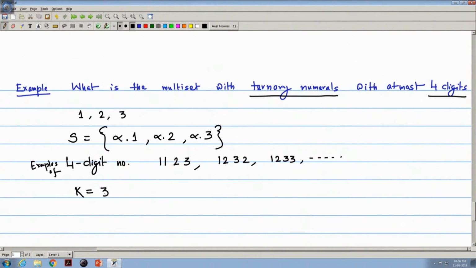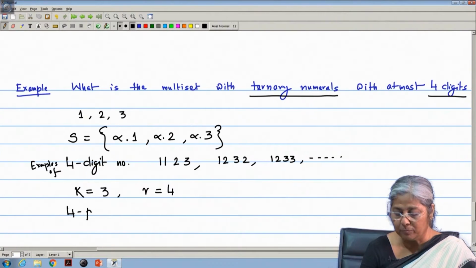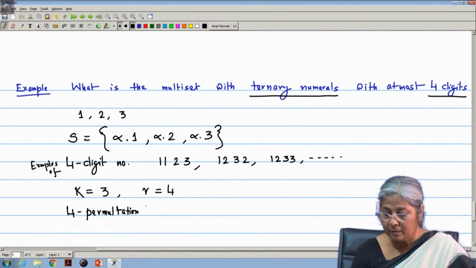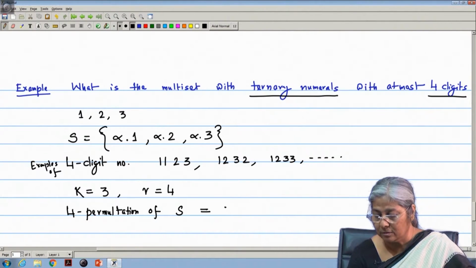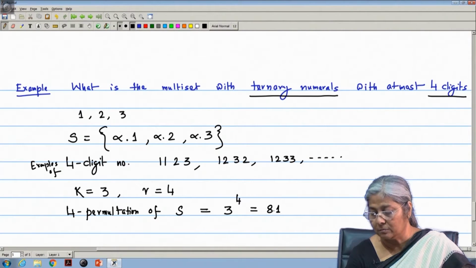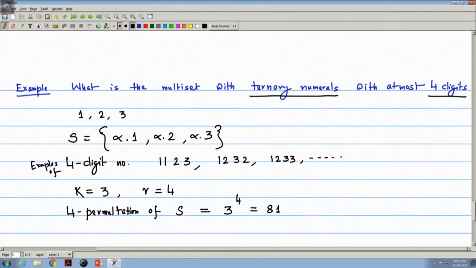So, k equal to 3 and r equal to 4 because I have to take the 4 permutations of S, since I have only 4 digits. This is equal to 3 to the power 4, which is 81. So, I have only these many numbers possible.